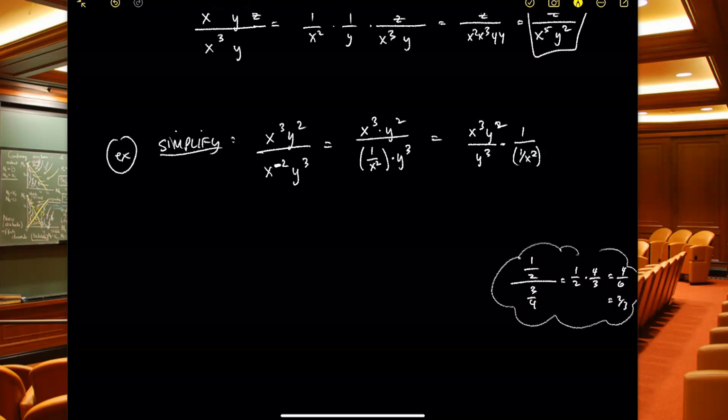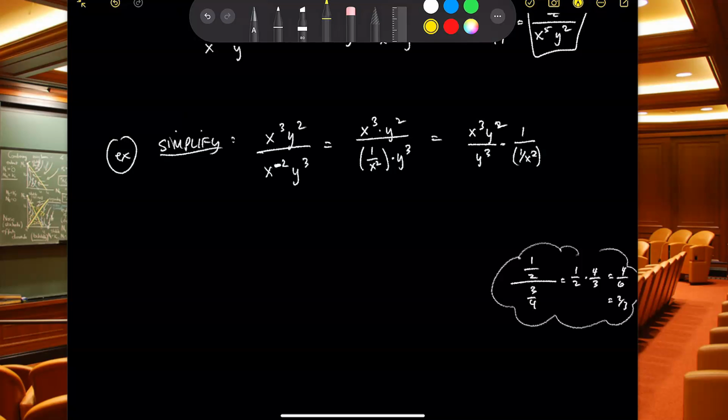So dividing by a fraction becomes multiplying by the reciprocal. So this really becomes x cubed y squared over y cubed times x squared over 1. Right? If I'm really dividing by 1 over x squared, it's like I'm multiplying by x squared over 1. So it's a lot simpler than we thought. So then the top can resolve.